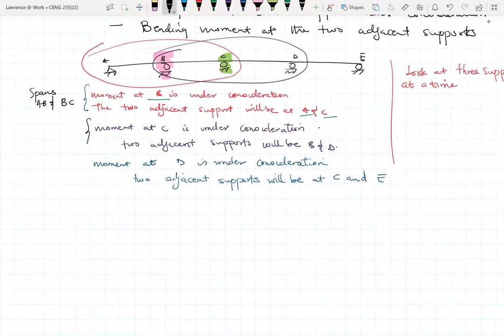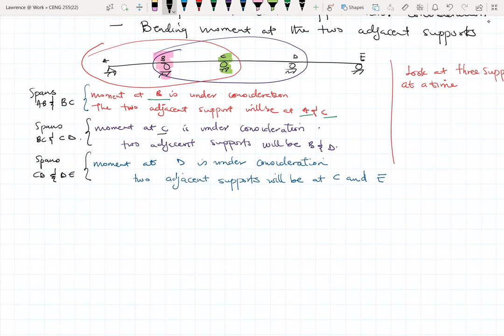Then for case two, where we are looking at C as our moment, it means that we are looking at spans BC and then CD. Then for the third one, we're looking at spans CD and then DE. All right. So that's also another way to look at it.